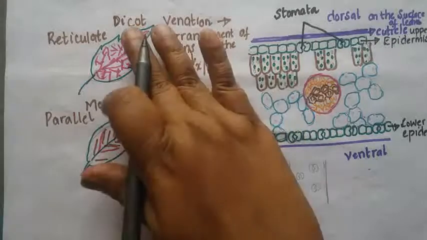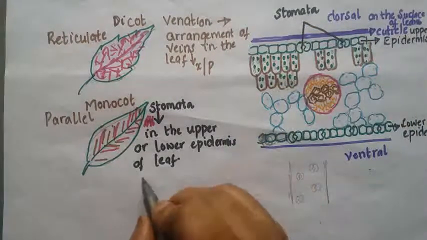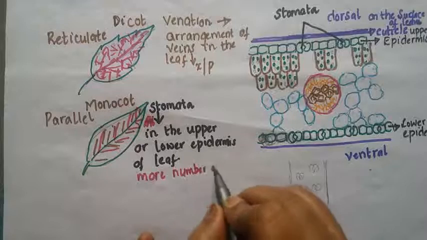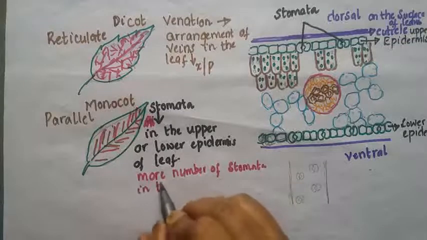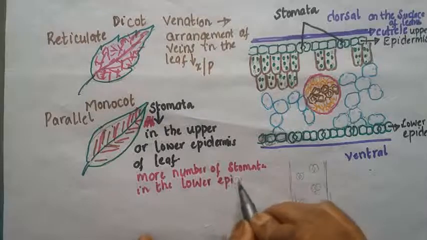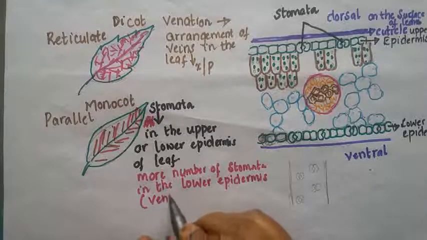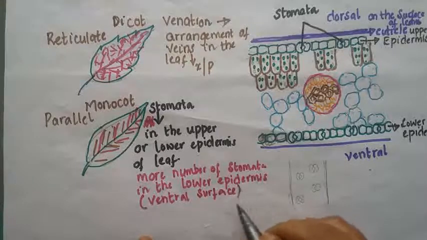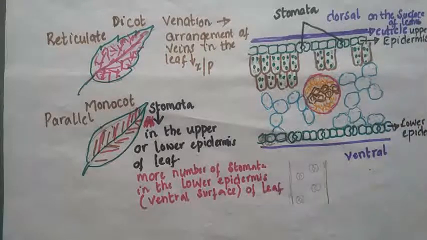In the case of a dicot leaf, we find more stomata in the lower epidermis, or you can say in the ventral surface of the leaf, compared to the upper epidermis.